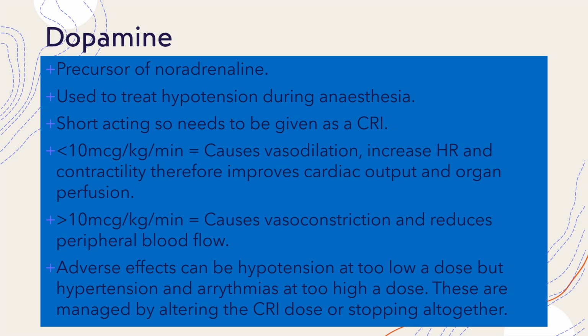But if you're using a dose rate greater than 10 micrograms per kilo per minute, this would cause vasoconstriction and reduces your peripheral blood flow. So your adverse effects can be hypotension at too low a dose, but hypertension and arrhythmias at too high a dose. If you do notice these, they are usually managed by altering the CRI dose or stopping it altogether.